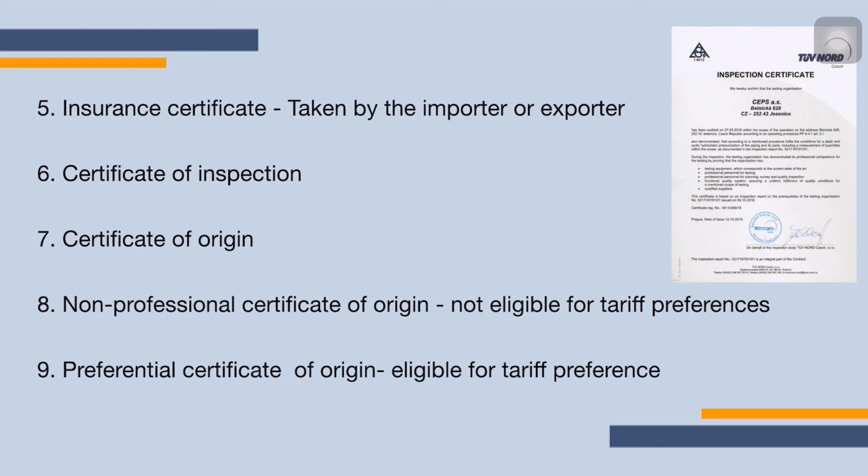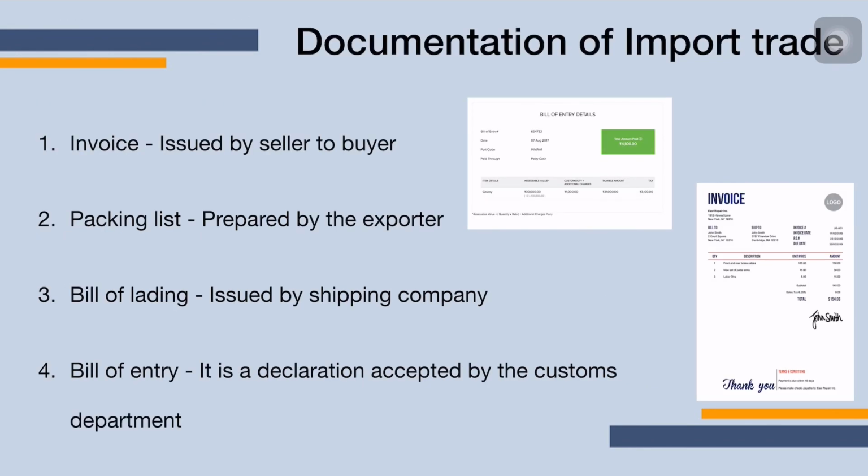Let's say the exporter's country and the importer's country do not have specific trade agreements, so they do not have tariff preferences. On the other side, we have the preferential certificate of origin, where they might get certain tariff preferences, so they'll be eligible for tariff benefits. So these are the 9 different documents important for the import trade procedure.